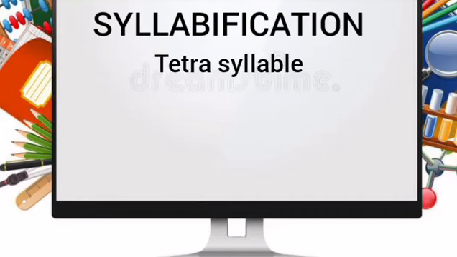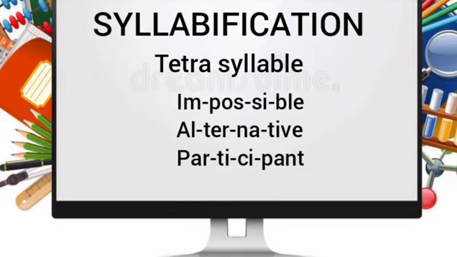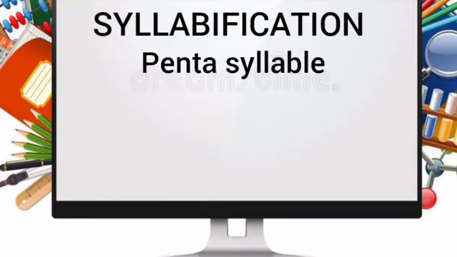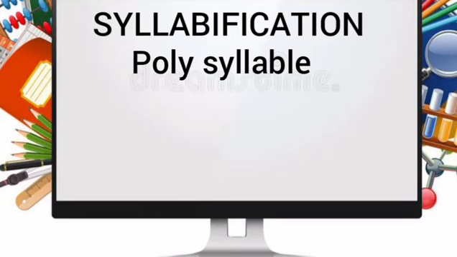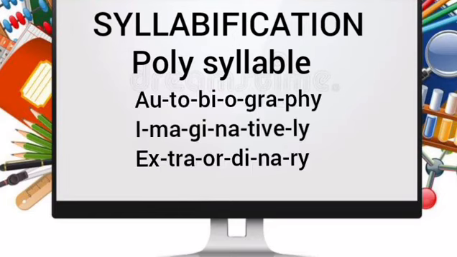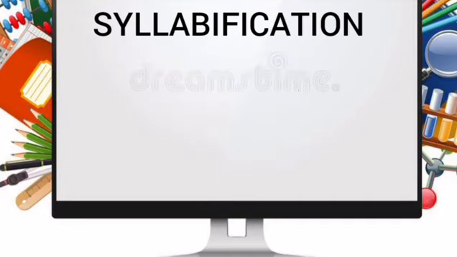For tetrasyllable, impossible, alternative, participant. For pentasyllable, deliberations, electricity, alliteration. For polysyllable, that is many, right? Autobiography, imaginatively, extraordinary. The syllabification will be split like this.